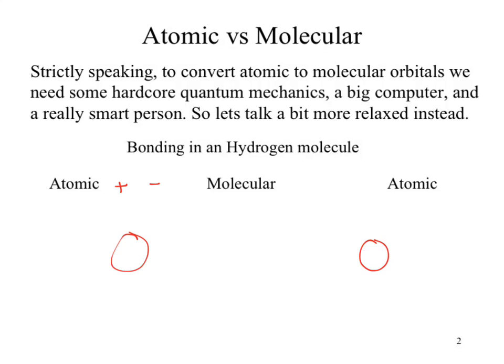If we look at these two orbitals where they overlap with the same type of wave pattern, be it positive, positive, or negative, negative, they get constructive interference. And so what ends up happening is, if we look at our nuclei, we end up seeing a lot more electron density in between the nuclei.